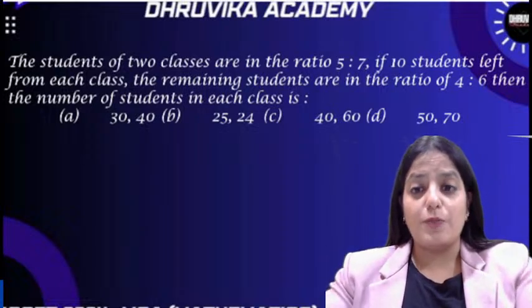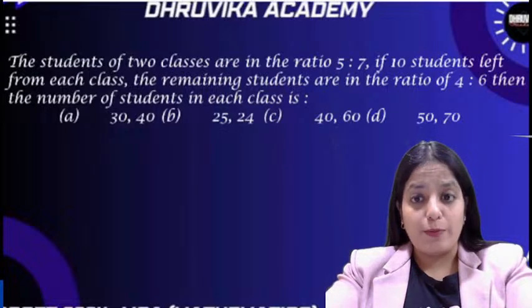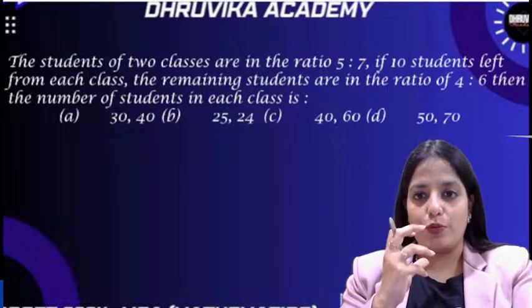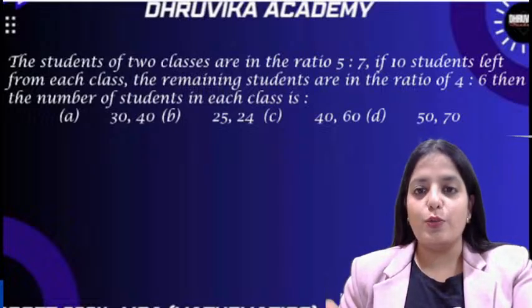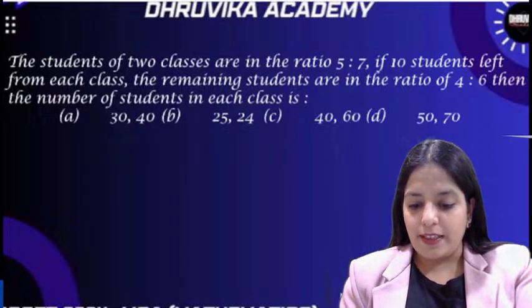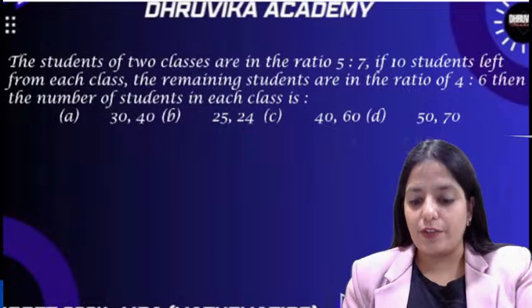Since you are having objective type questions in your exam, you'll find some questions could be easily solved by using the option approach. Same thing you can find in this question also. See, what are they saying? Initially, the number of students in two classes were in the ratio 5:7.